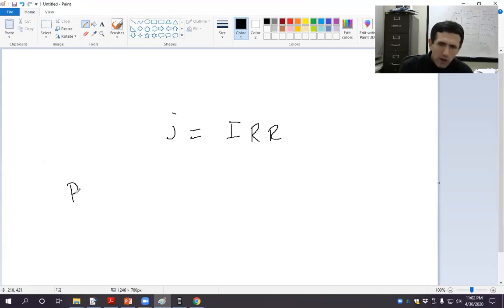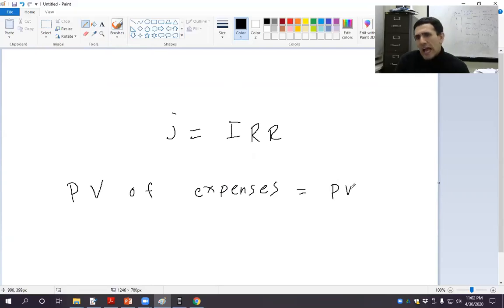Okay, so by definition, remember the present value of expenses equals the present value of revenue. So this is, again, one way of interpreting the internal rate of return. It's cash in equals cash out.